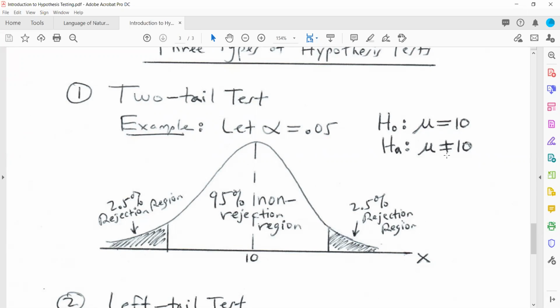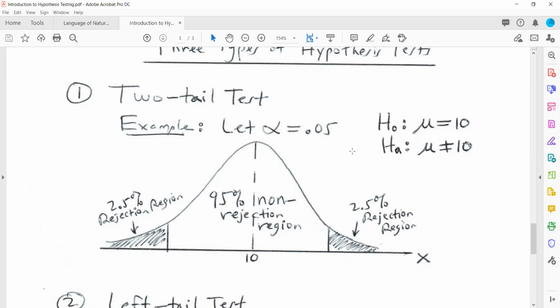So your sample mean can be significantly smaller than 10, or significantly bigger than the population mean. Either one lets you reject the null hypothesis, so we use what's called a two-tailed test.